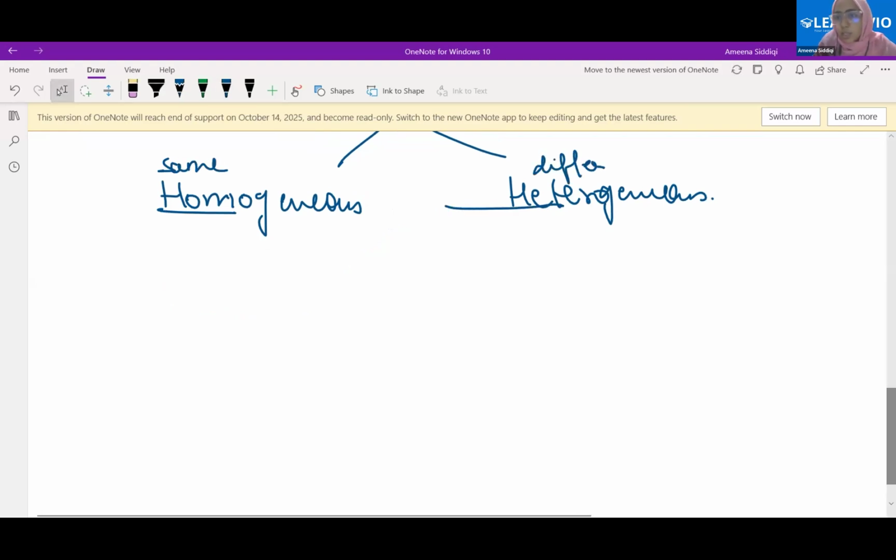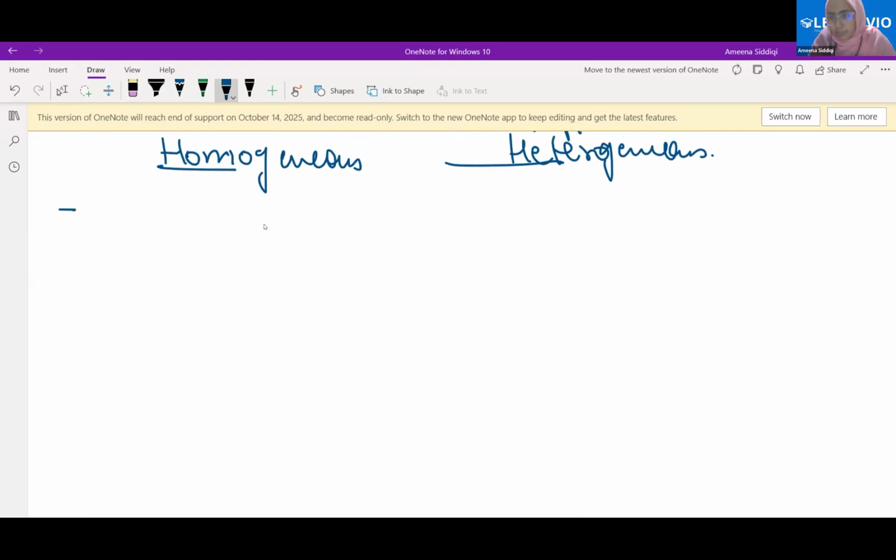So let's say we are mixing two substances. Let's just take the case of two substances being mixed together. If they are mixed uniformly, if the composition is uniform, as in the mixing is uniform, the even distribution has taken place between the two components which have been mixed, then that means the mixture will be a homogeneous mixture. Therefore, uniform composition or basically even distribution.